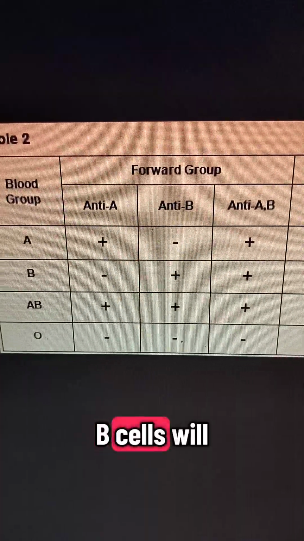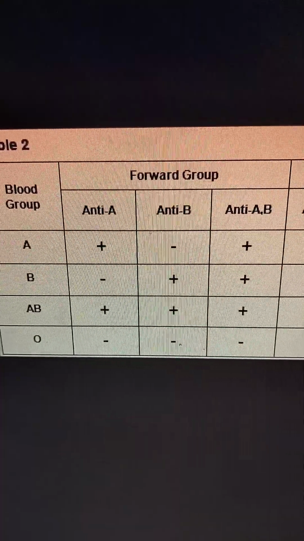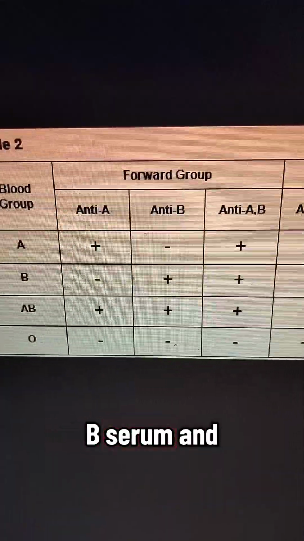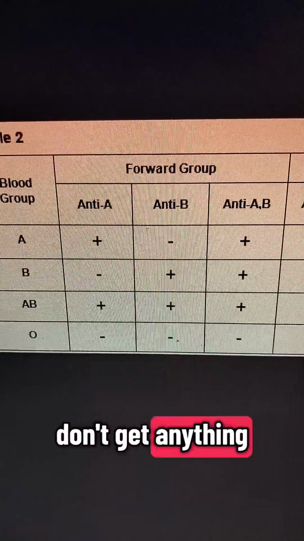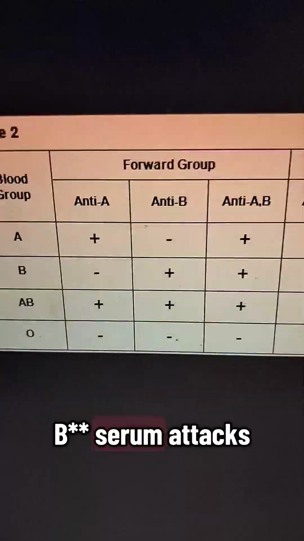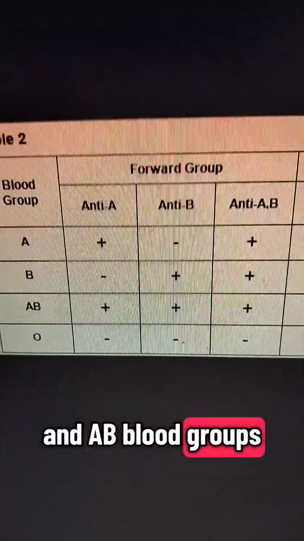B cells will clump at the top in the presence of anti-B serum. Again, B cells being attacked by anti-B serum. And again, O cells don't get anything. And finally, anti-AB serum attacks both A, B, and AB blood groups.